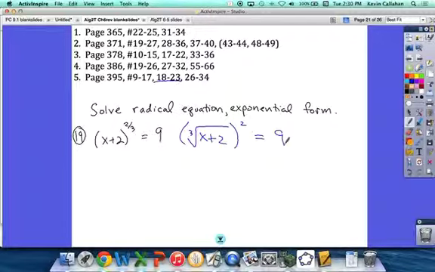Okay, so now take the square root of both sides. Is this going to work? I'm not even sure. The cubed root of x plus 2 equals, when I take the square root of that and the square root of that, now here I get the plus or minus 3.